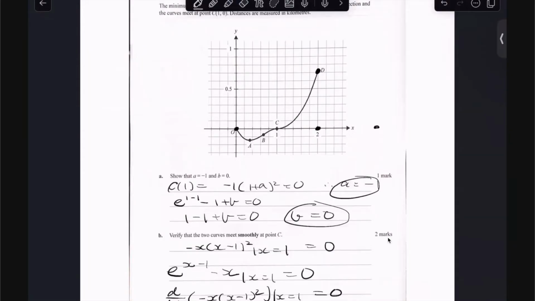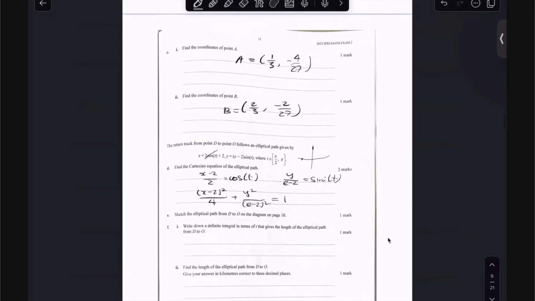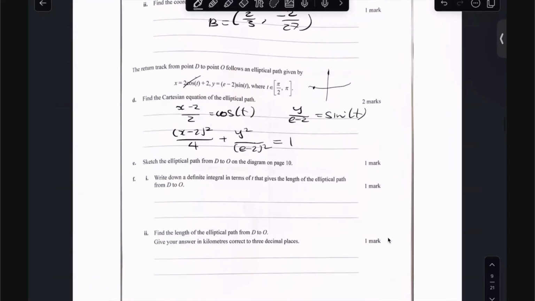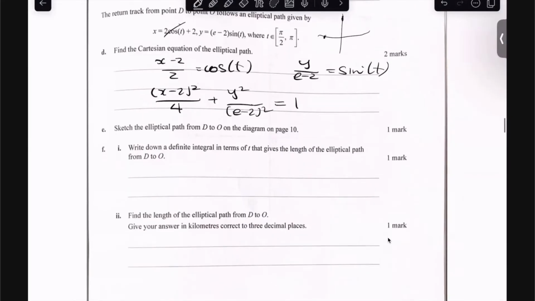And I'm guessing it's literally just this. And you need direction, so it'll be like that. Alright, write down a definite integral that gives the length of the elliptical path from D to O.